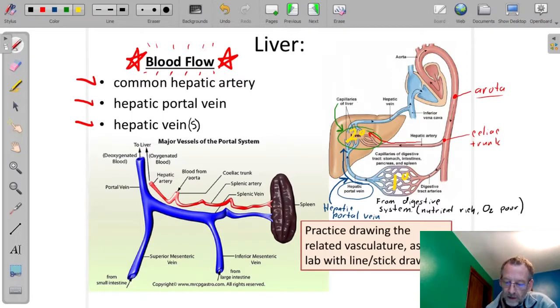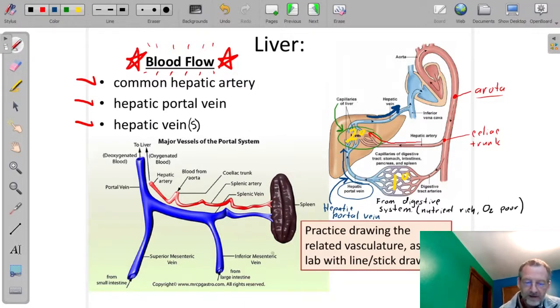Okay, and then draining the liver is the hepatic vein. So you have to be clear on hepatic artery, hepatic vein, and then the hepatic portal vein. So let's take a look at the illustration on the left. These are major blood vessels of the portal system.